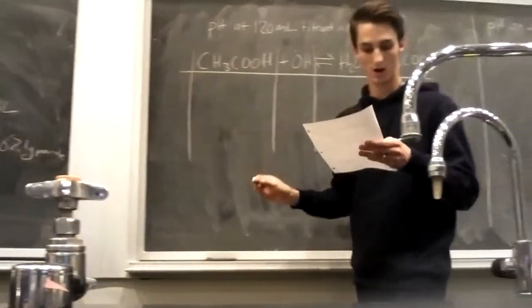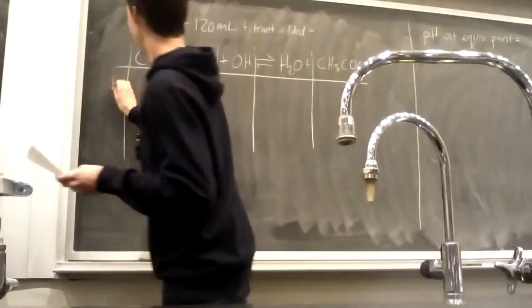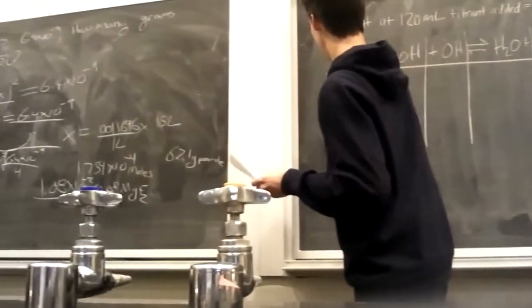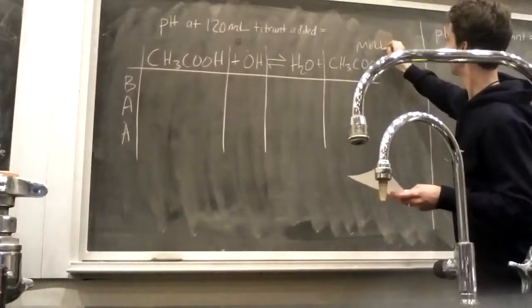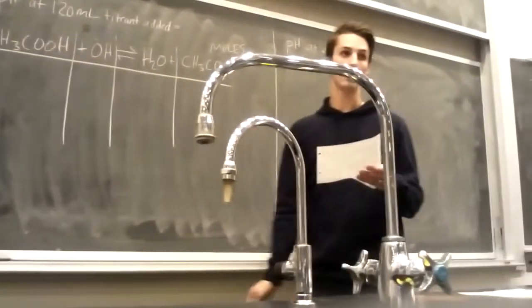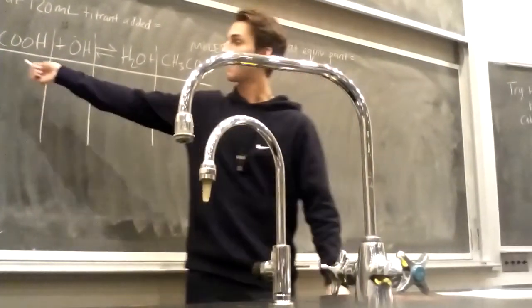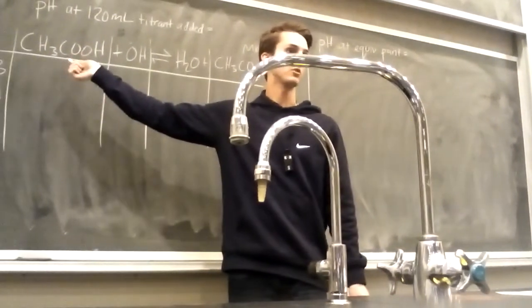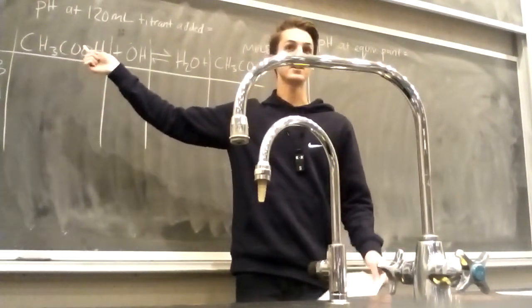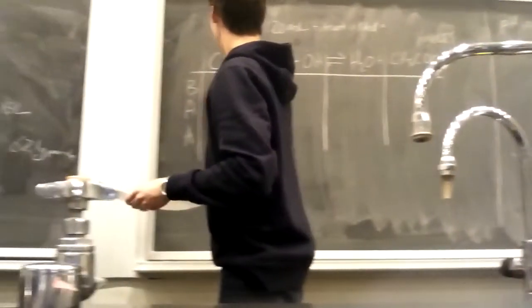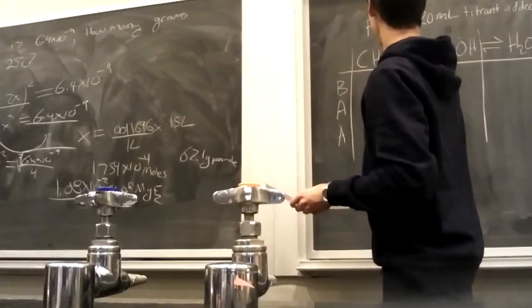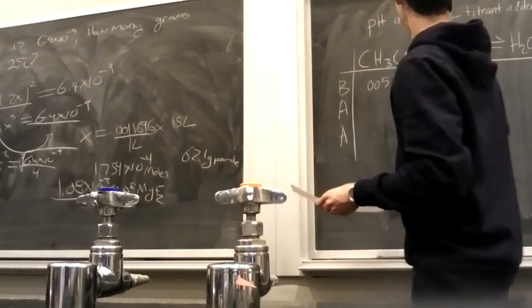Remember, in a BCA table, what am I dealing with here? Moles. I already solved how many moles of acetic acid I have in my solution: 0.00575 moles.